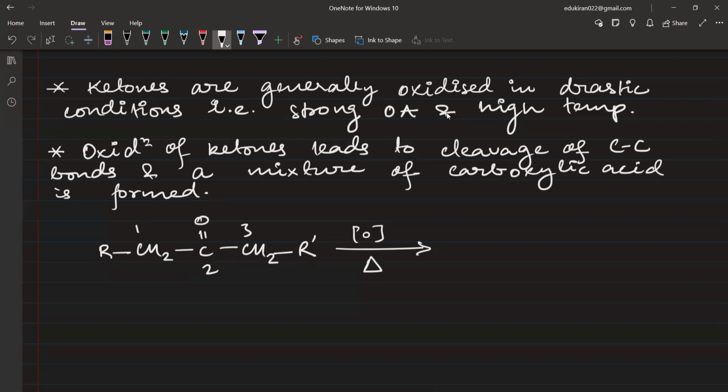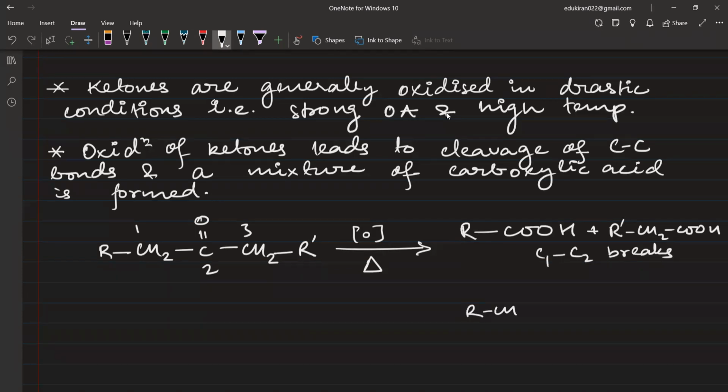If the bond between 1 and 2 breaks, you are going to get R COOH plus R dash CH2 COOH. What is breaking here? C1 C2 breaks. Now, if C2 C3 breaks, then you are going to get R CH2 COOH plus R dash COOH. In this, C2 C3 is breaking.